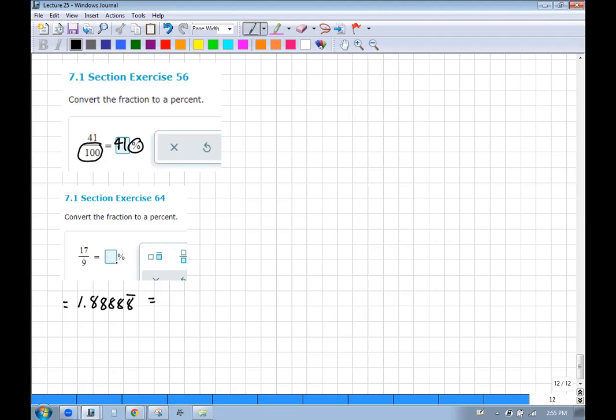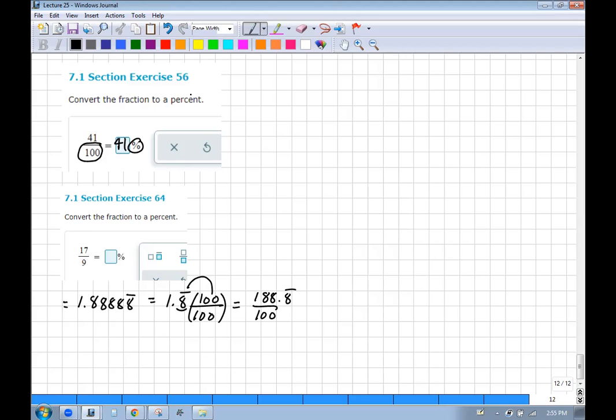So to turn this into a percent, I need to have 100 on the bottom. All right, so I'm multiplying it by a smart one. So I have 1.8 bar over 100. Keep the 100 on the bottom. If I multiply this by 100, I'm moving the decimal to the right twice.